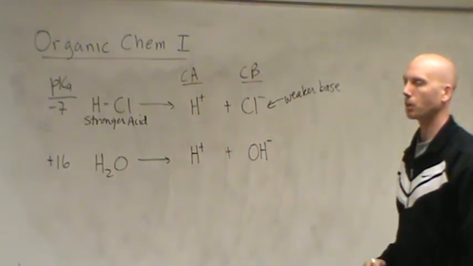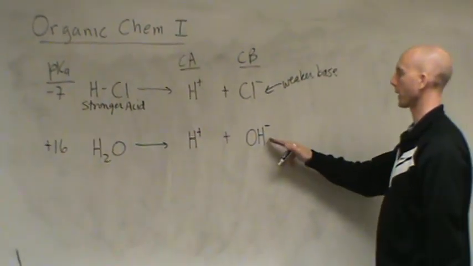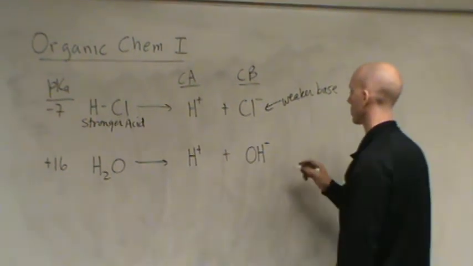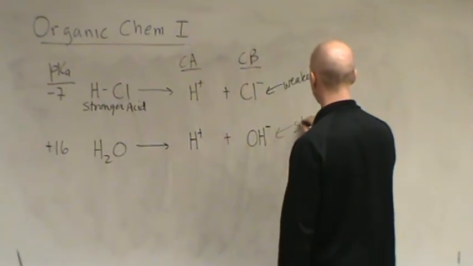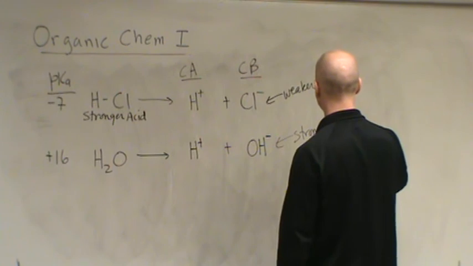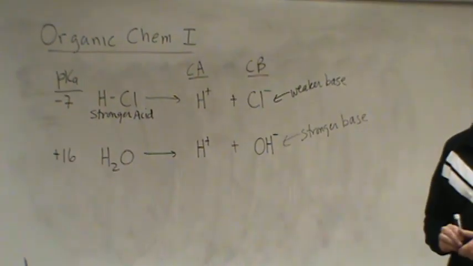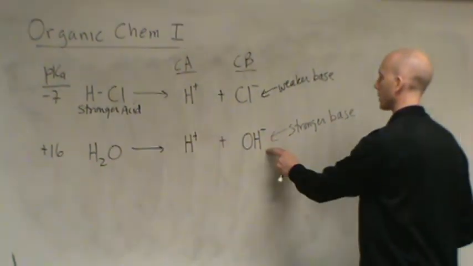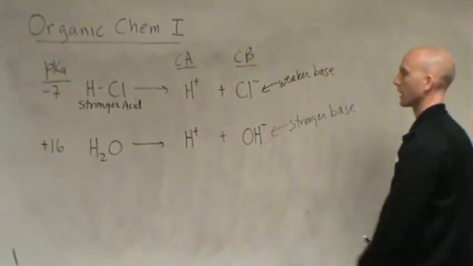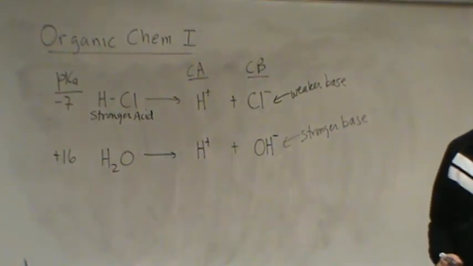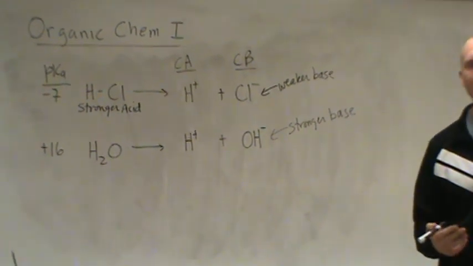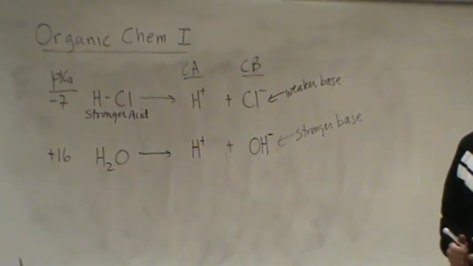That would mean Cl- would be a weaker base than OH-. So OH- will be a much stronger base than Cl-. You see how we can use pKa's to predict that.